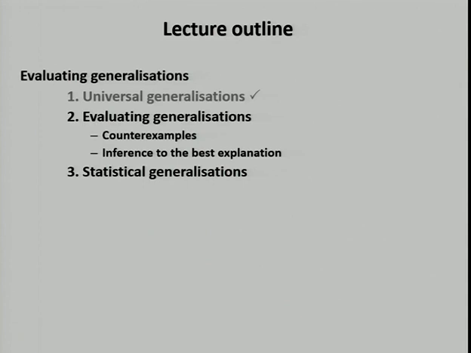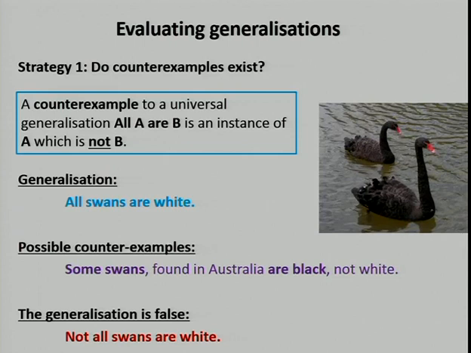Then we move on to how to evaluate them and the two strategies of evaluating them. Strategy one you already know, but it's going to come in a slightly different guise. It's the strategy of finding counterexamples.